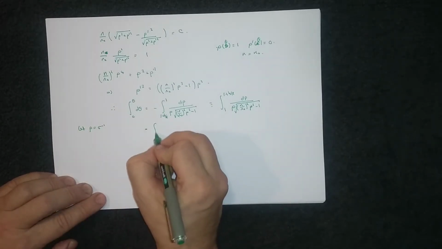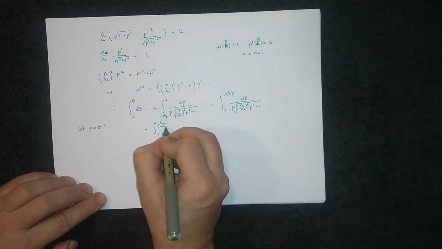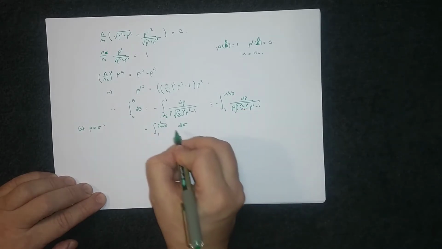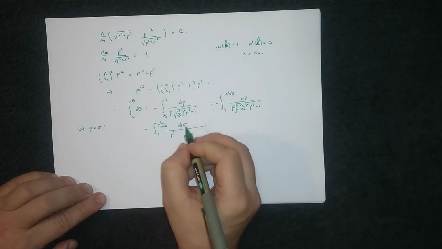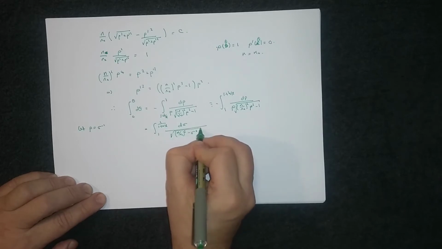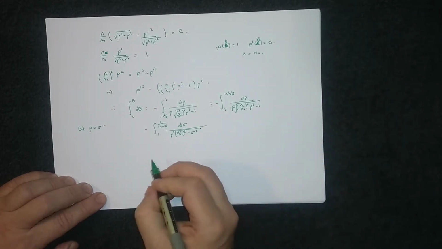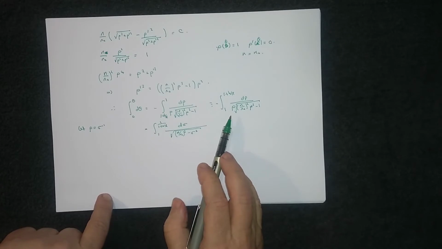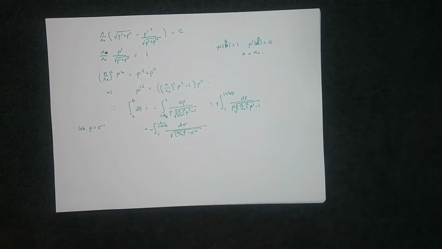So this is the integral from 1 to 1 over 1 plus h over r of d sigma over root ((n over n naught) squared minus sigma squared). Let's just make sure we've got the sign right. So that should have been plus and minus.